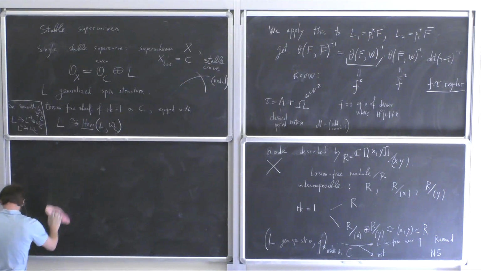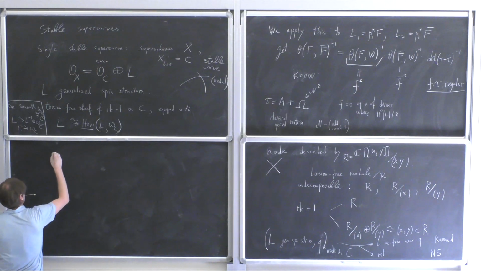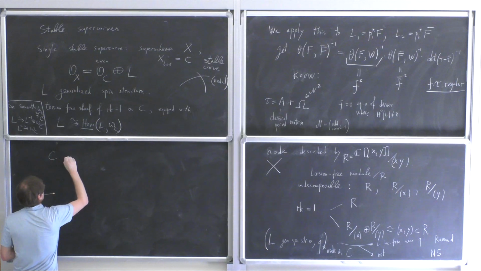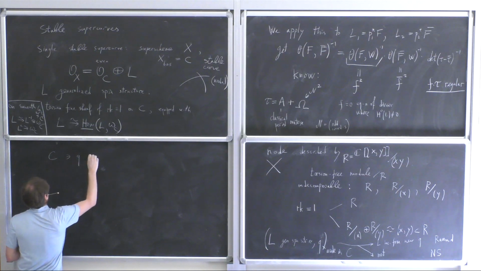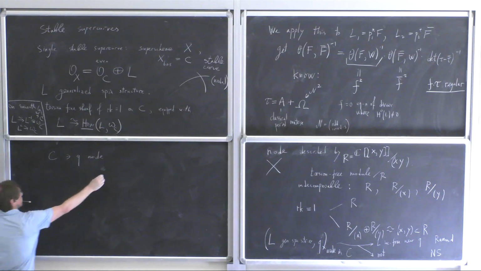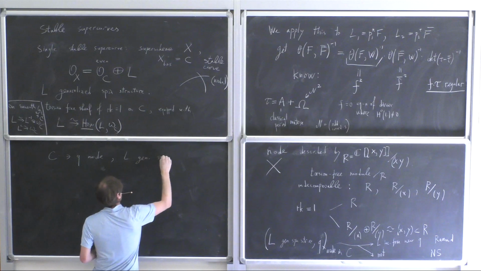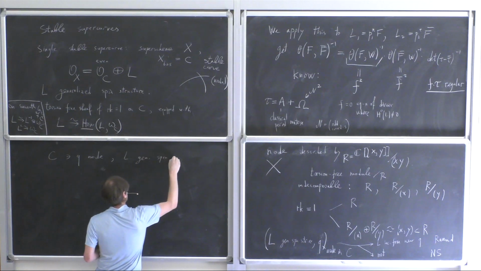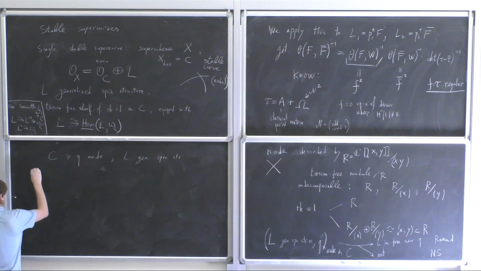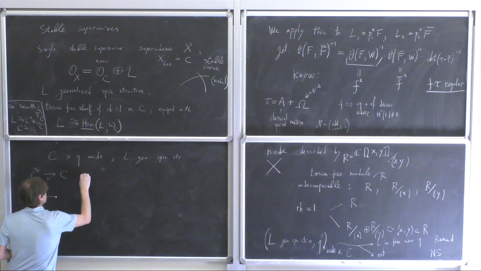Okay, let me tell you about what happens when you have normalization. So suppose, just for simplicity, C has one node. Then we can consider the normalization of this node. Suppose L is a generalized spin structure on C. So then you have a normalization map.